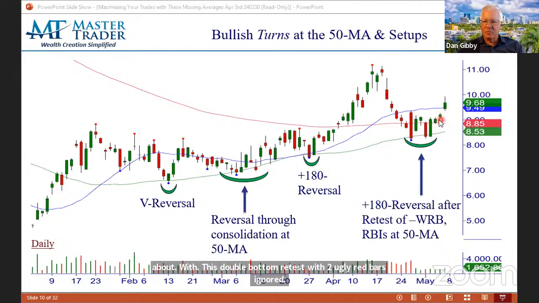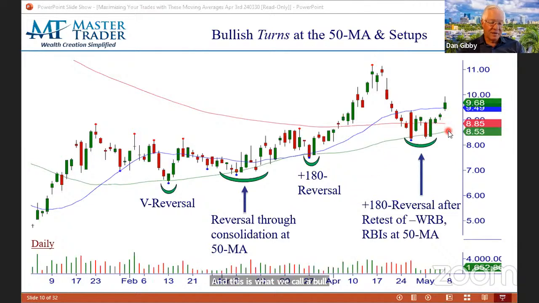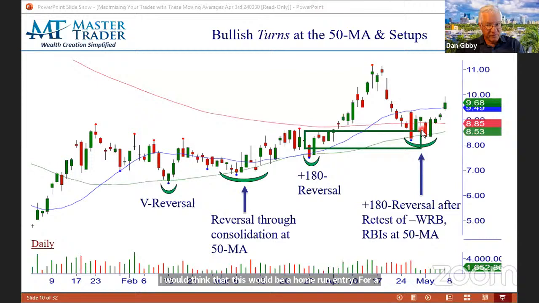And this is what we call a bull 1, 2, 3 continuation. I wish I knew what stock this was, because I would love to see what it did. But based on our discussion on this chart for 5 minutes, I would think that this would be a home run entry for a big move, maybe to $15. I don't know, 50% bagger on this setup.